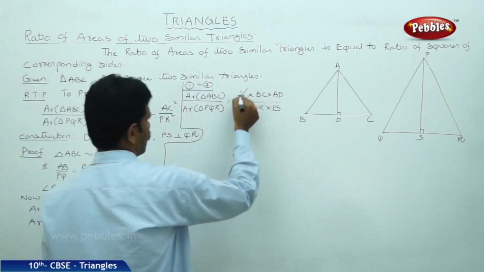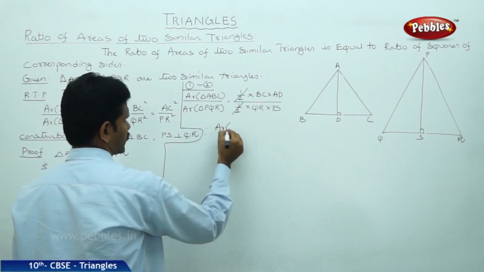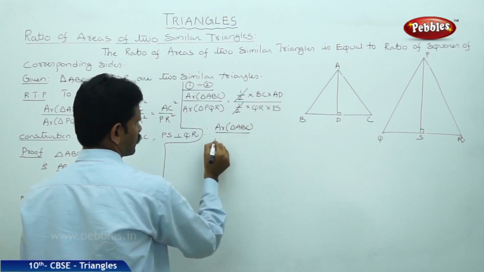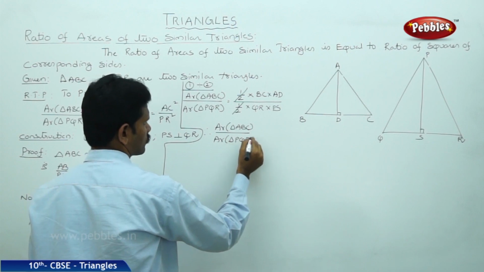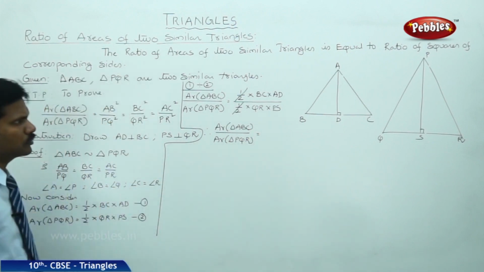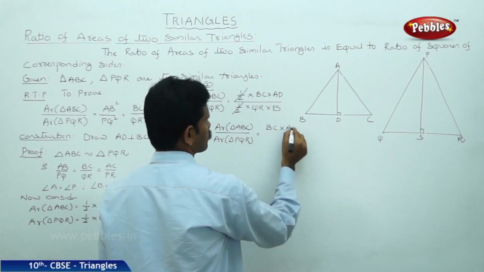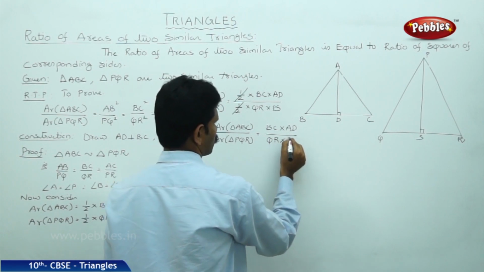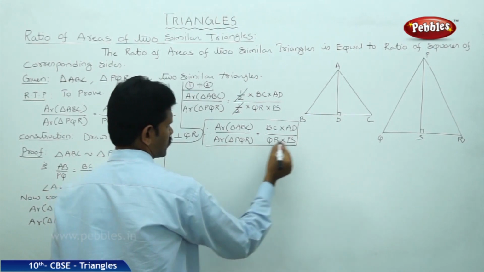The half gets cancelled. Therefore, area of triangle ABC by area of triangle PQR equal to BC into AD by QR into PS, which is equation 3.